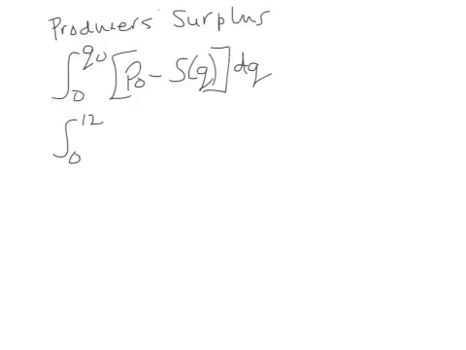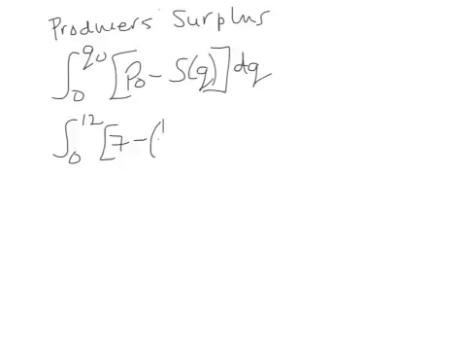Remember that our equilibrium quantity was 12, our equilibrium price was 7.